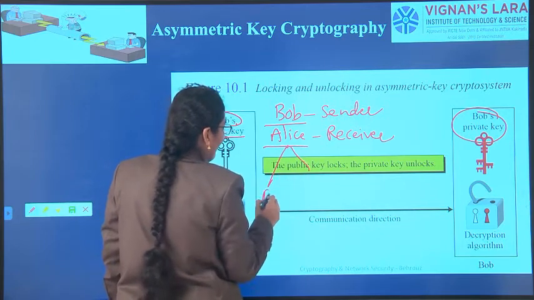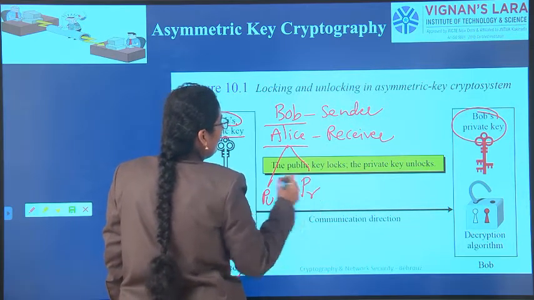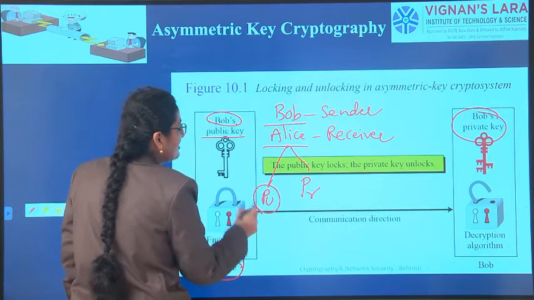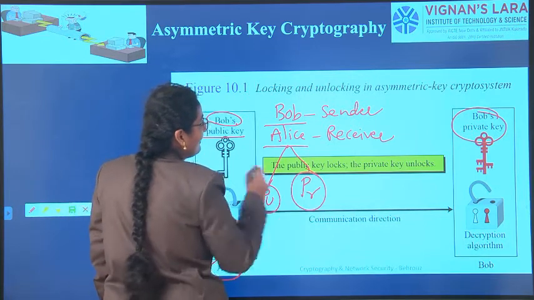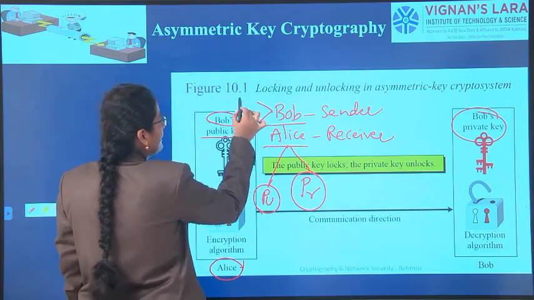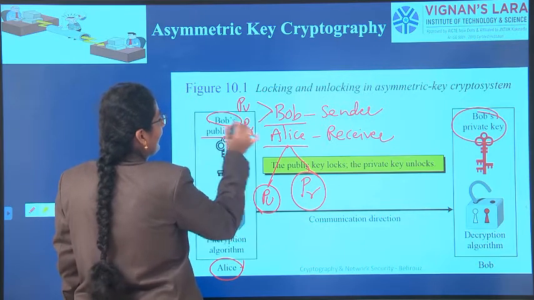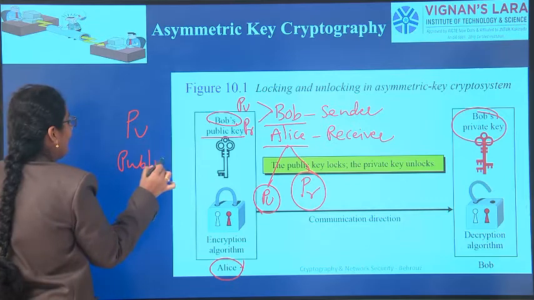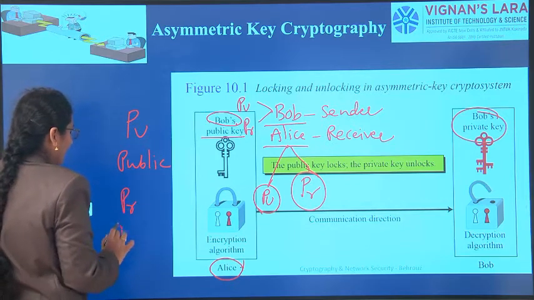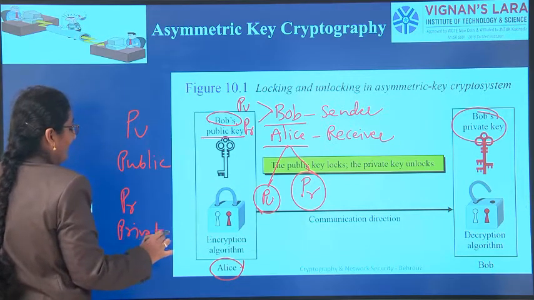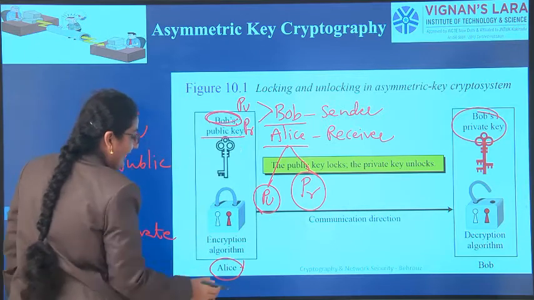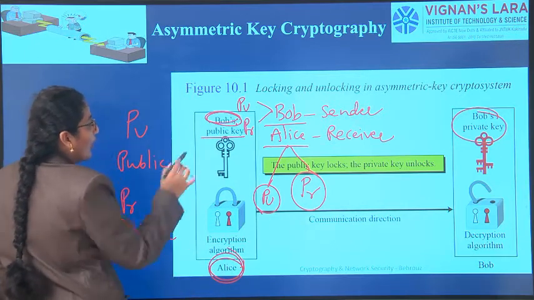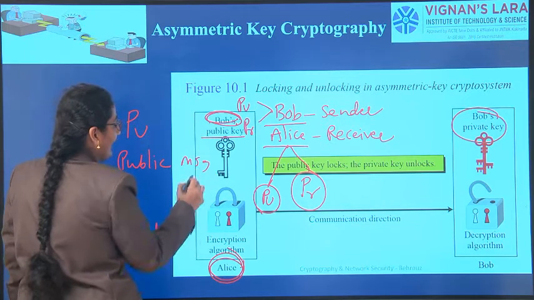Alice also will have a public key and a private key. PU means public key, PR means private key. Bob also will have a public key and a private key. So Bob is the sender, Alice is the receiver. Bob wants to send a message to Alice.